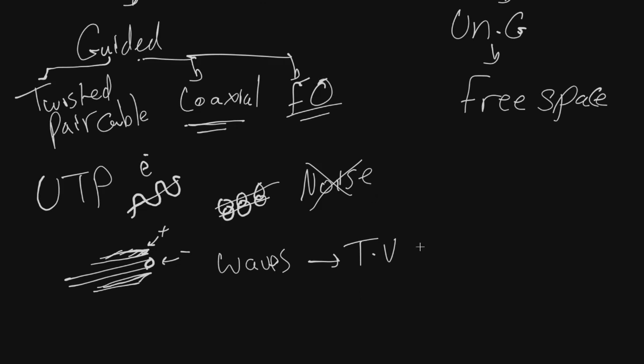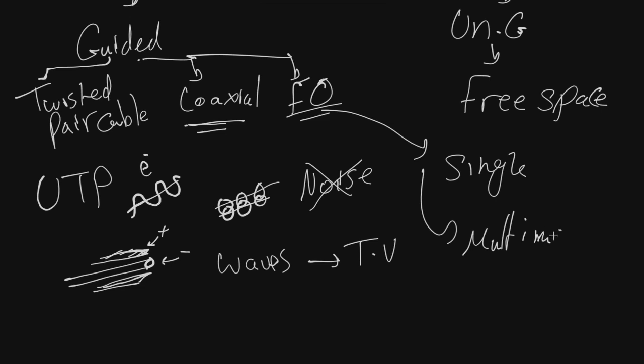Then for the best one of these, we can't say it's the best because it's the most expensive, and it doesn't really bend that much, is the fiber optics. The fiber optics have two types. It can be either single mode or multi-mode. The single mode usually has the connection from A to B on a linear path. It passes by the core, and it has lower bandwidth.